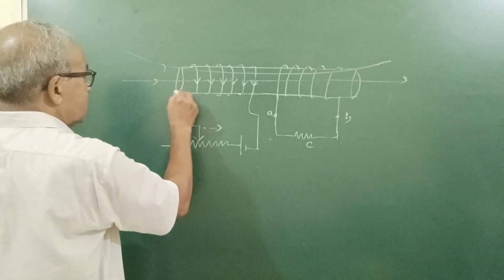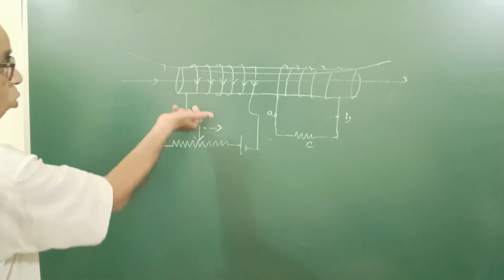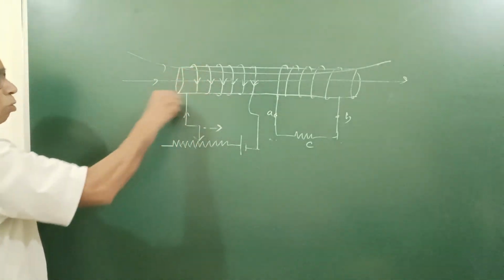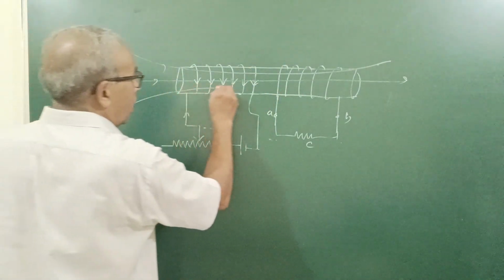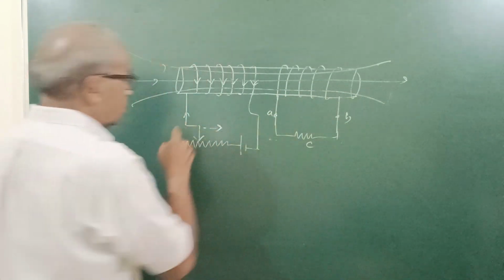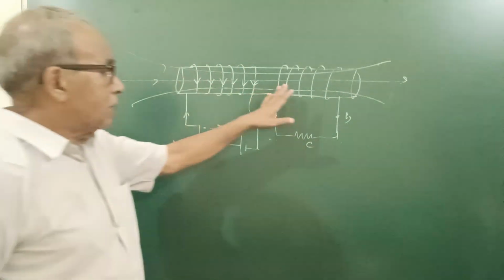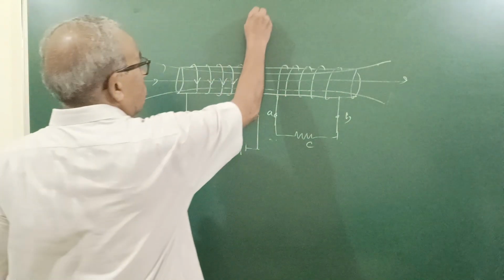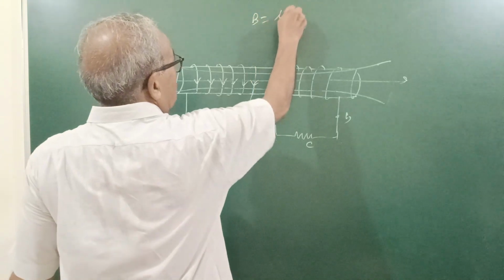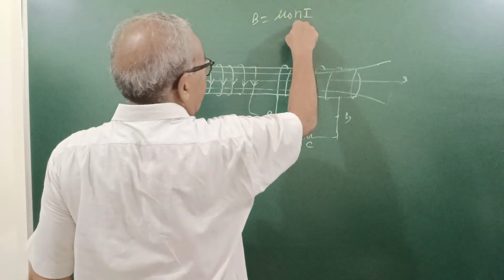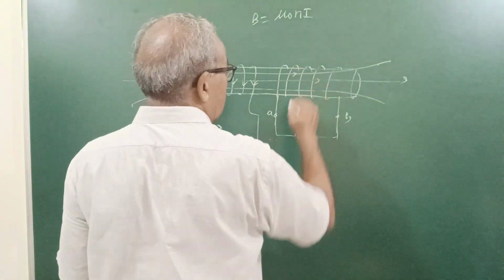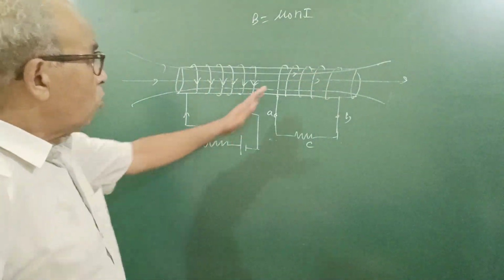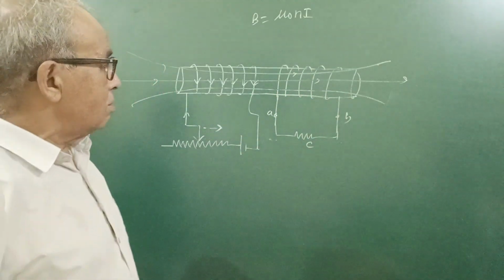Is that not so? From the right hand palm rule, it is clockwise for south pole, anti-clockwise for north pole. And when this current is increased, the flux will increase because B equals mu0 n i. So an induced current is there here because the field is increasing, the flux is increasing.